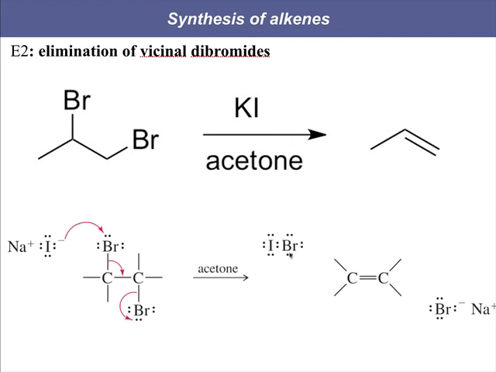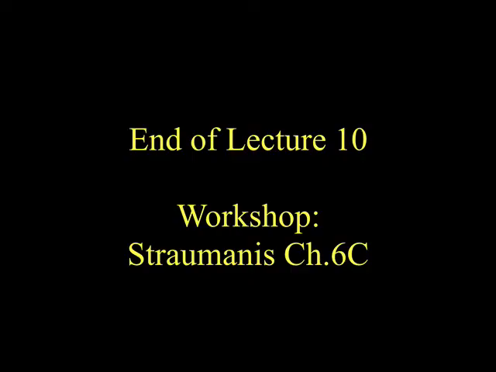We can incorporate everything that we know in one reaction. It's very cool. We're going to do that in a workshop. So that's the end of lecture 10. The workshop section from Straumanis that covers this material is ChemActivity 6, Part C.